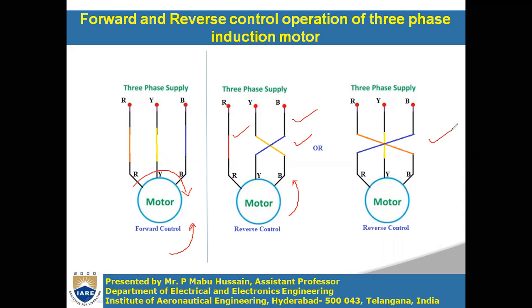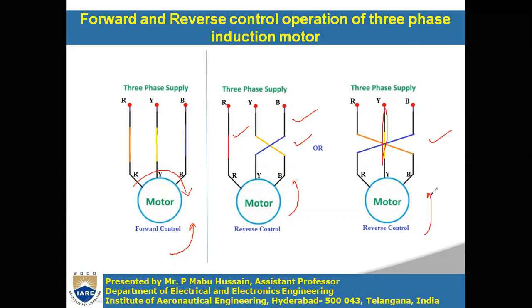Another connection is one in which Y is connected directly to Y, and the R and B terminals are interchanged: supply R is connected to motor B, and supply B is connected to motor R. Two terminals are interchanged. Or you can have another connection by keeping B constant and interchanging R and Y. So to make the motor rotate in the reverse direction, you have to interchange any two terminals.